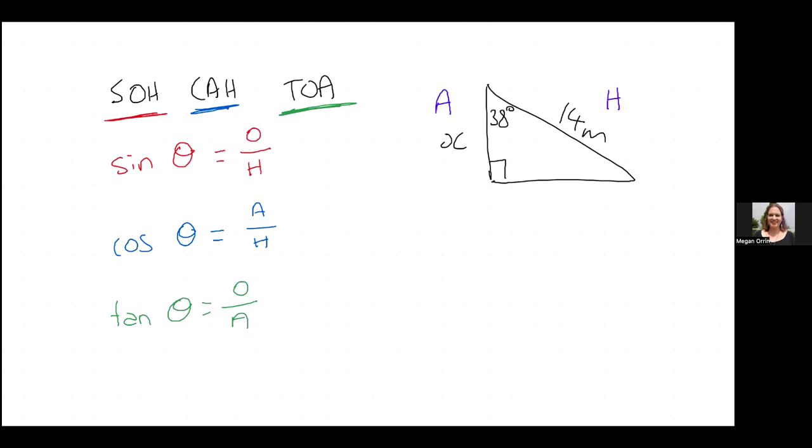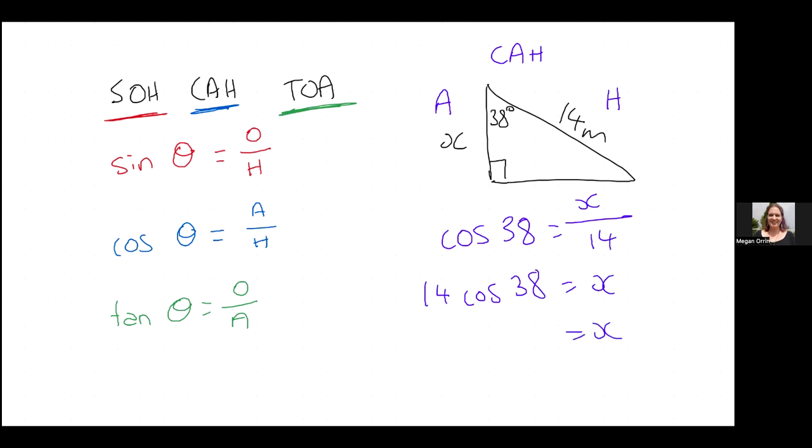So I'm using the cosine equation: cosine of the angle is the adjacent over the hypotenuse. What do I do next? I'm going to bring the 14 across and multiply it. Somebody type that into a calculator for me.